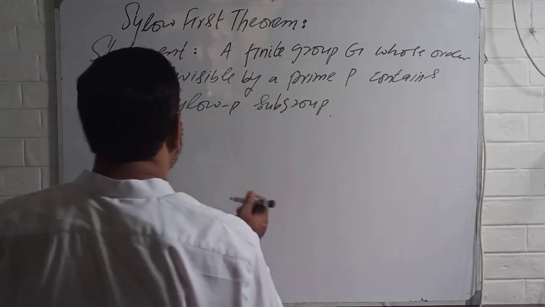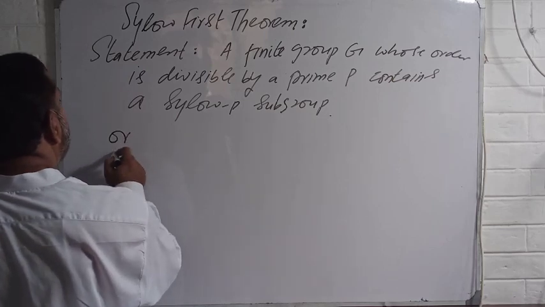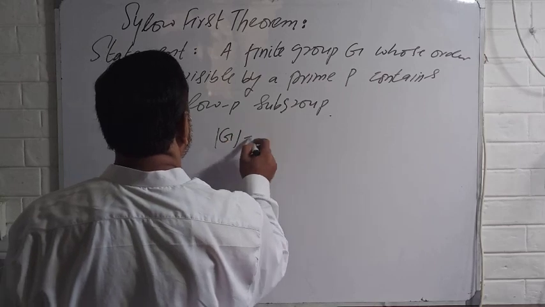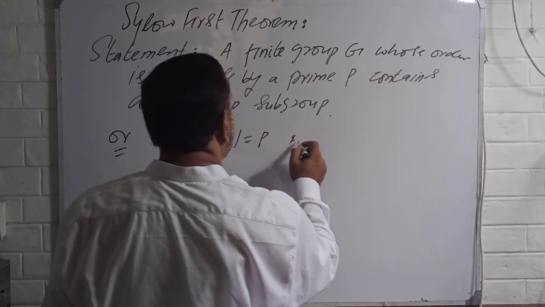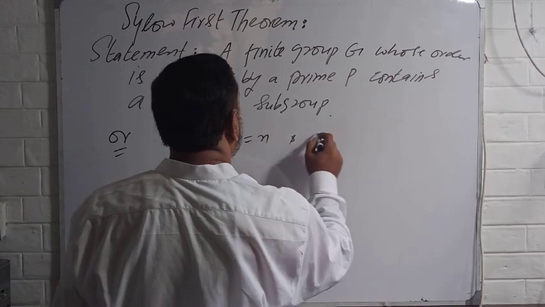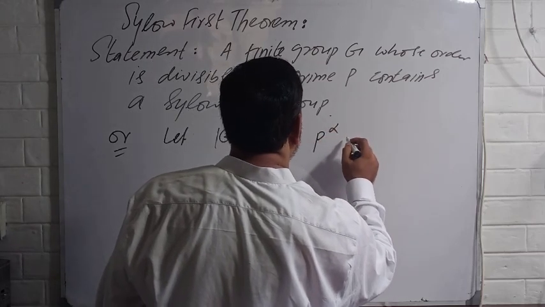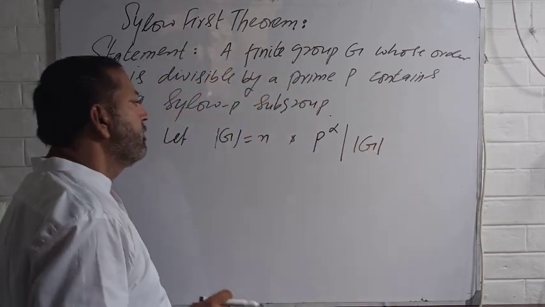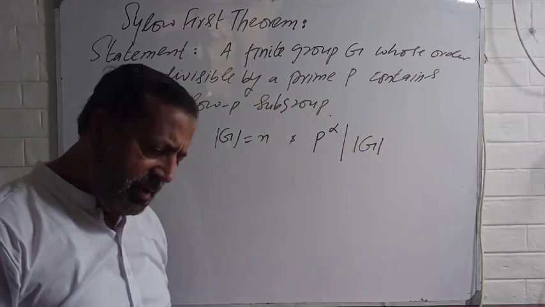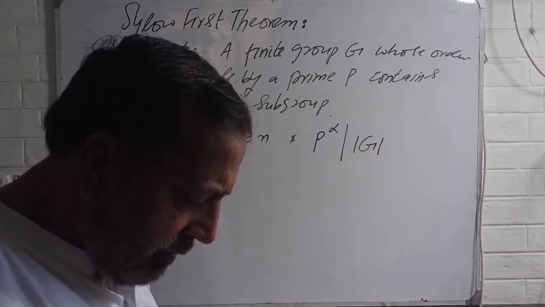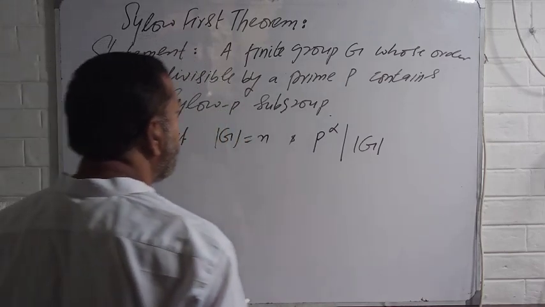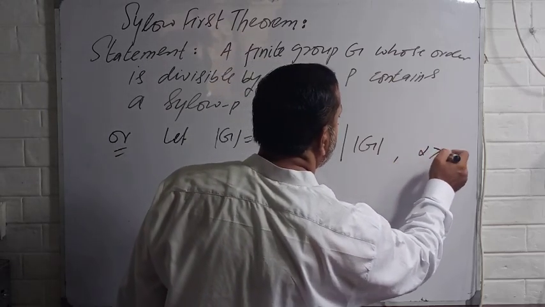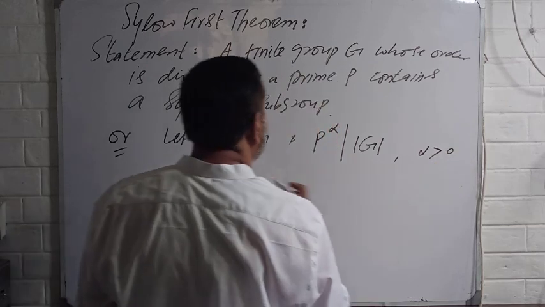You could have another statement. Let the order of G be equal to P power alpha times n, where P power alpha divides the order of G and alpha is greater than 0.